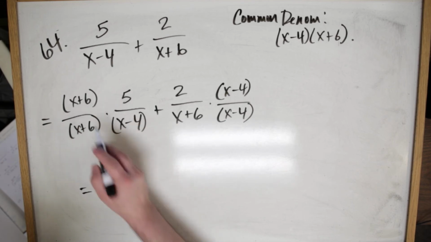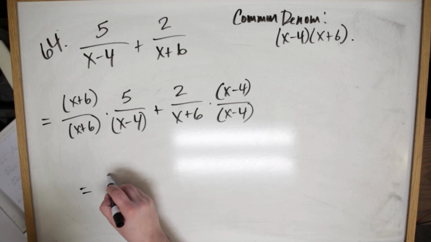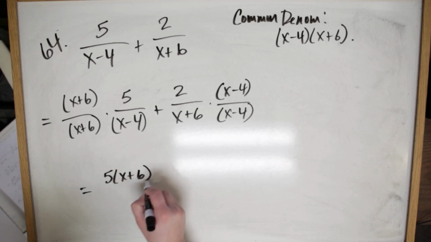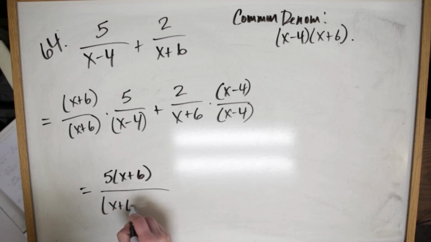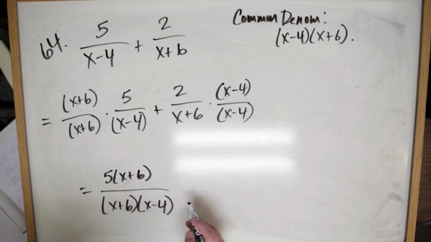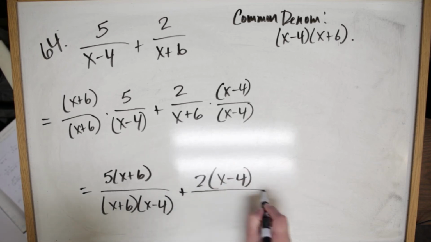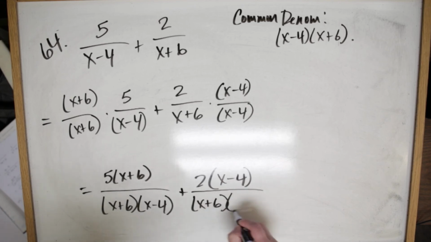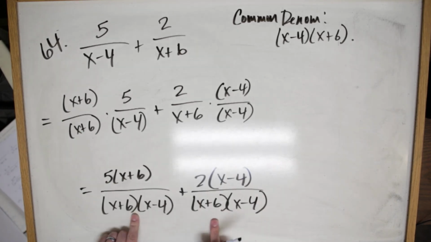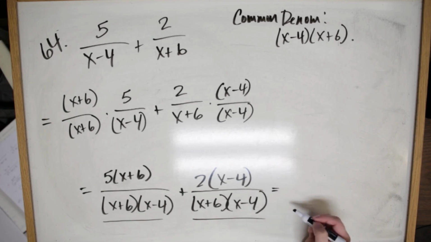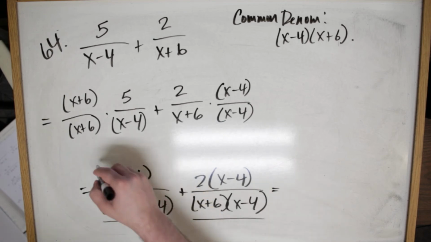Multiply across, so 5 times x plus 6 all over x plus 6, x minus 4, plus 2 times x minus 4 all over x plus 6, x minus 4. Now, again, the reason why we did this is because the whole goal was to find common denominators. Now that they are exactly the same, as you can see, we can merge them all together into a single fraction.